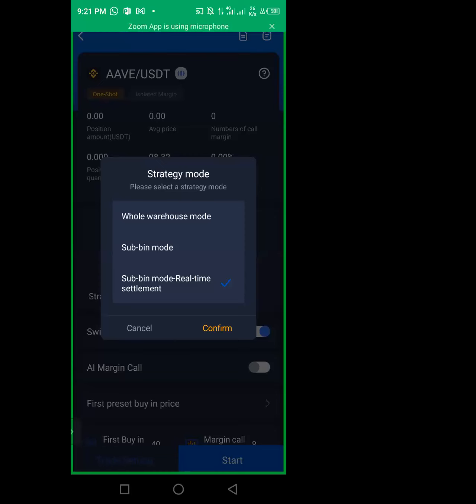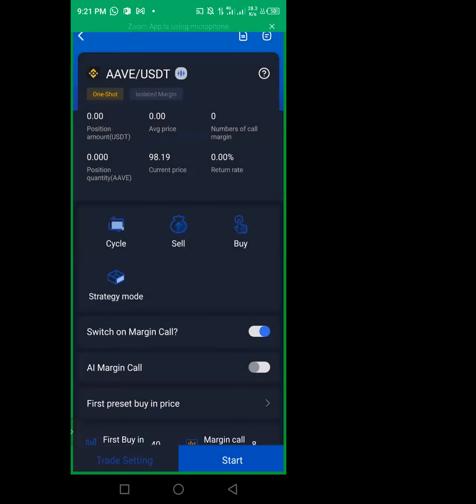That is how unique this robot is. That is how unique the business is. That is why we are still in the business even after 3 years. After 2 years, we are in the 3rd year of using the robot because it has amazing features. So I've been able to explain the 3 strategy modes. Okay, I've explained that one.